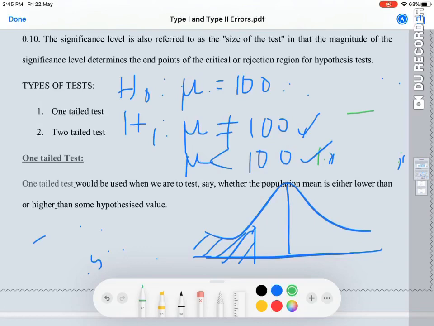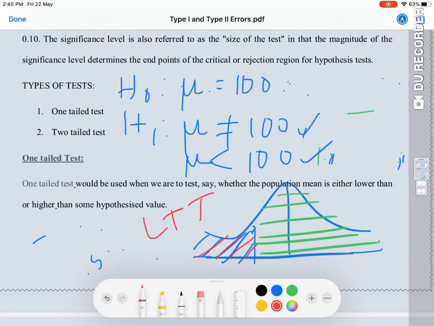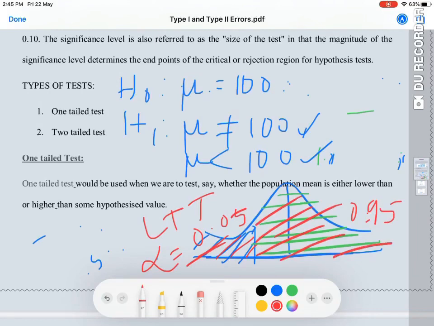So this part is the rejection region for the one-tailed test, and this is the acceptance region. Because it is specifically towards the left hand side of the curve, we call it a left tail test. This is the alpha, the area covered is 0.05, and the remaining 0.95 is the acceptance region.